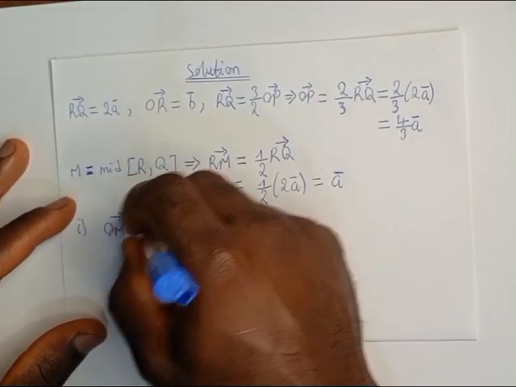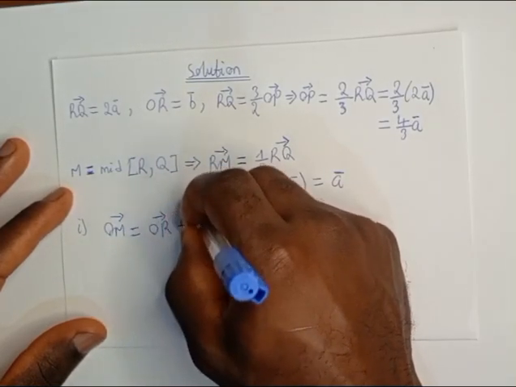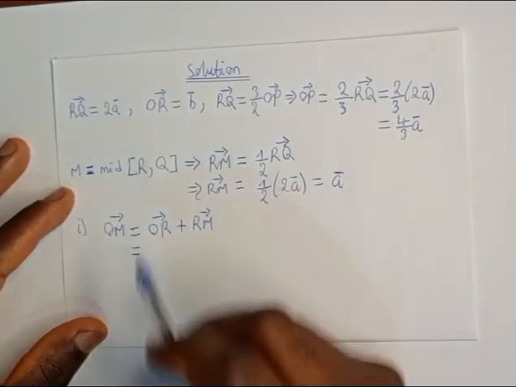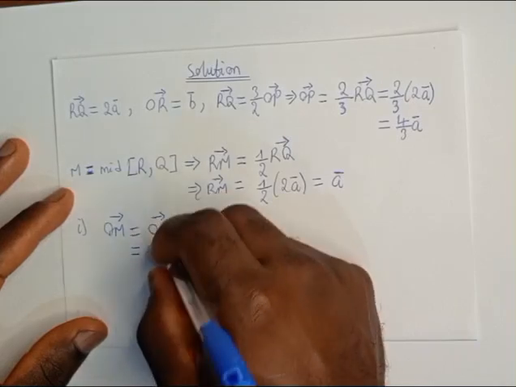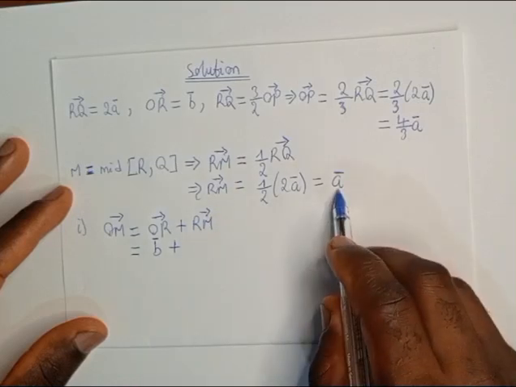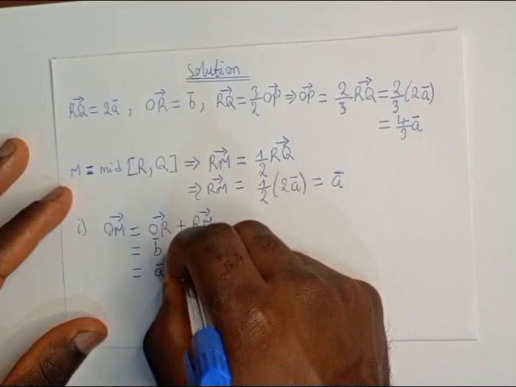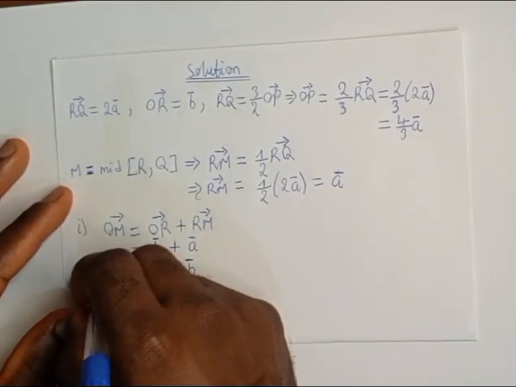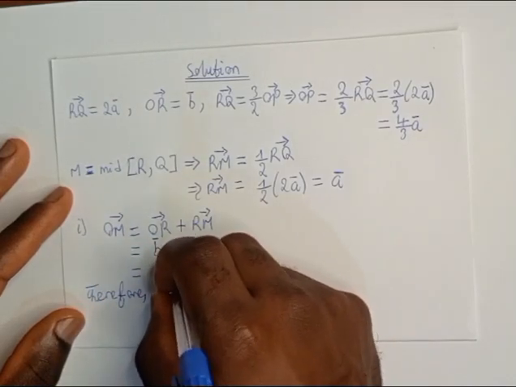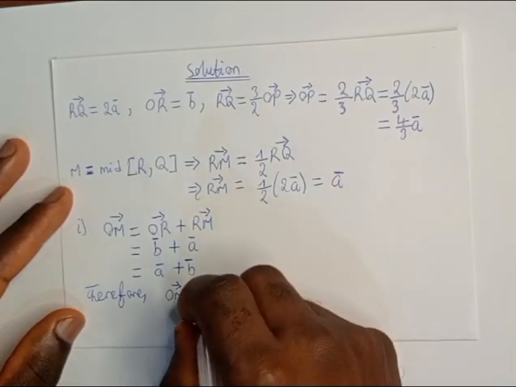This will be equal to OR vector plus RM vector, and this will be equal to OR vector is B bar plus RM vector is A bar, and this will simply be equal to A bar plus B bar. We conclude, therefore, OM vector is equal to A bar plus B bar. We underline the result.